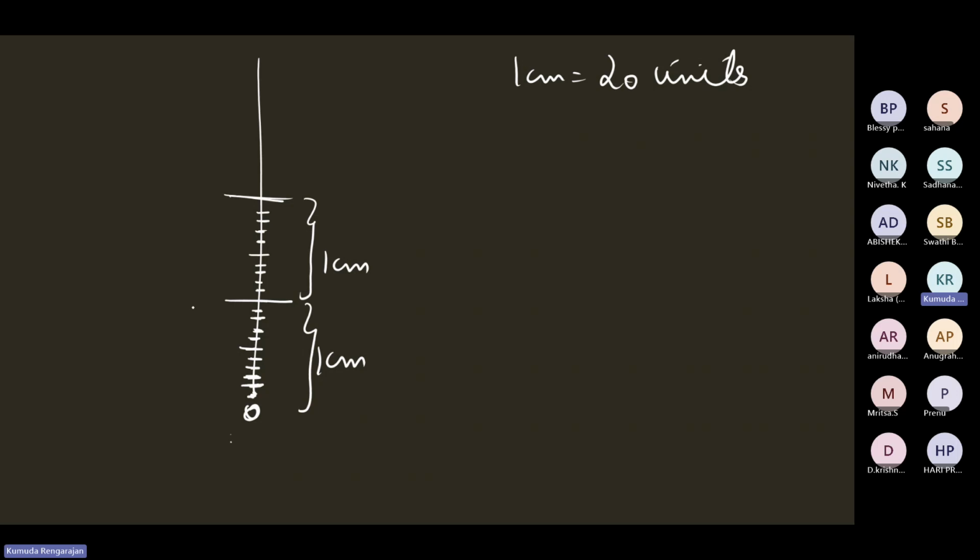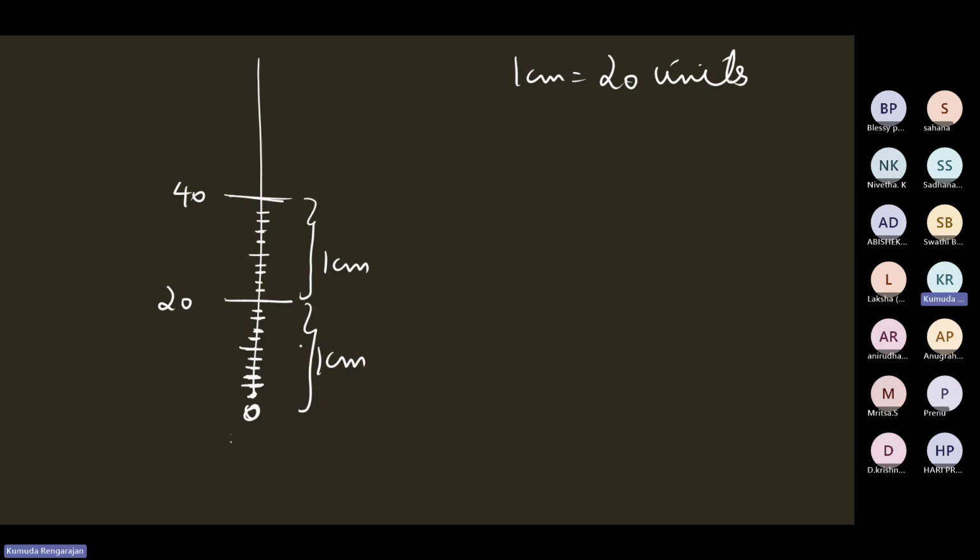Here you'll mark 20, then you'll mark 40 here. This is that 1 centimeter I told you. These are the subdivisions between that 1 centimeter. So your scale is 1 centimeter, 20 units, and you have marked 20, 40, 60, and so on.